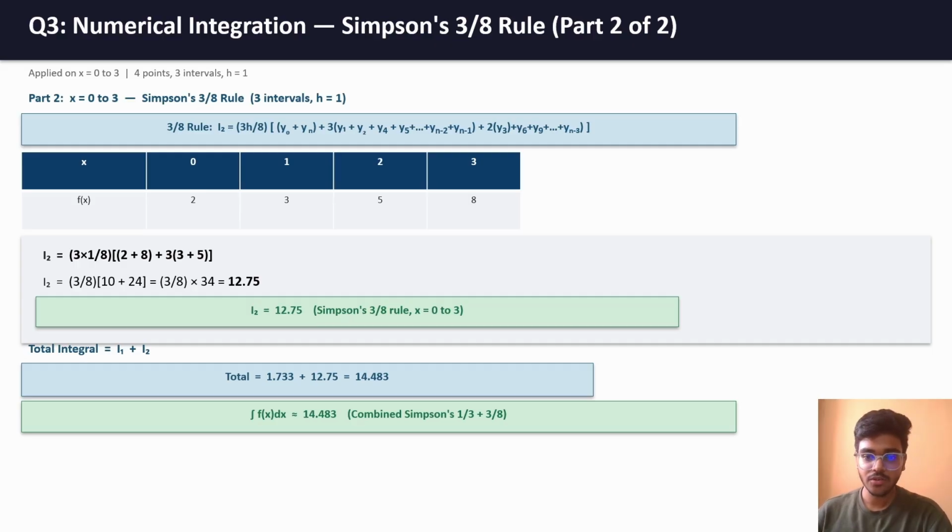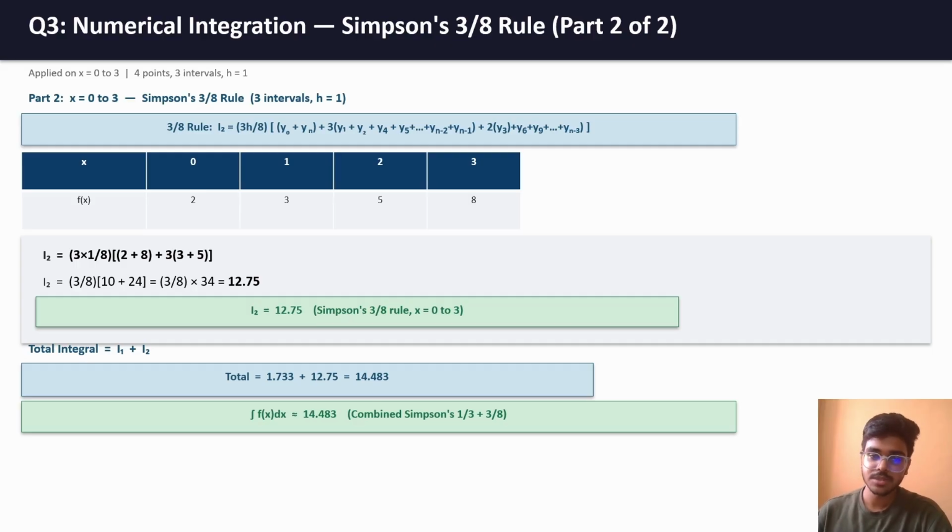So our total integral over the full range x equals minus 0.6 to 3 is the sum of both the parts. So the complete answer to question 3 is the integral of the tabulated function is approximately 14.483.